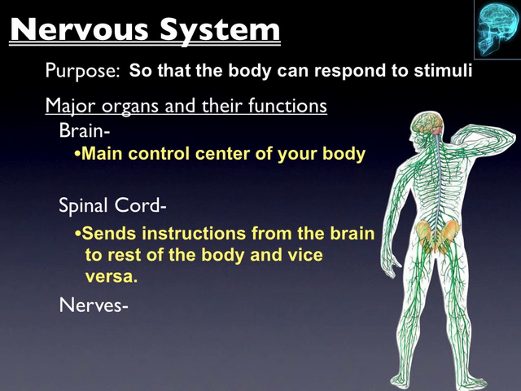And then connecting the spinal cord to the various parts of the body are the nerves. Those three main parts of the nervous system allow us to take in information and then respond to it.